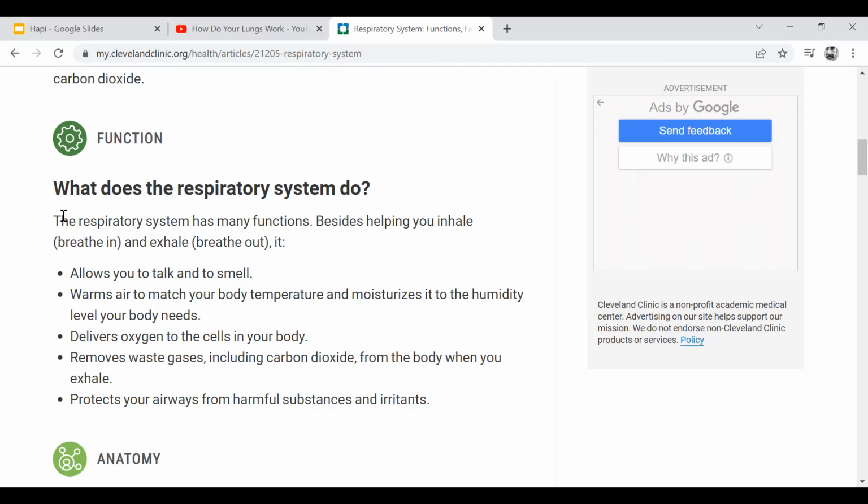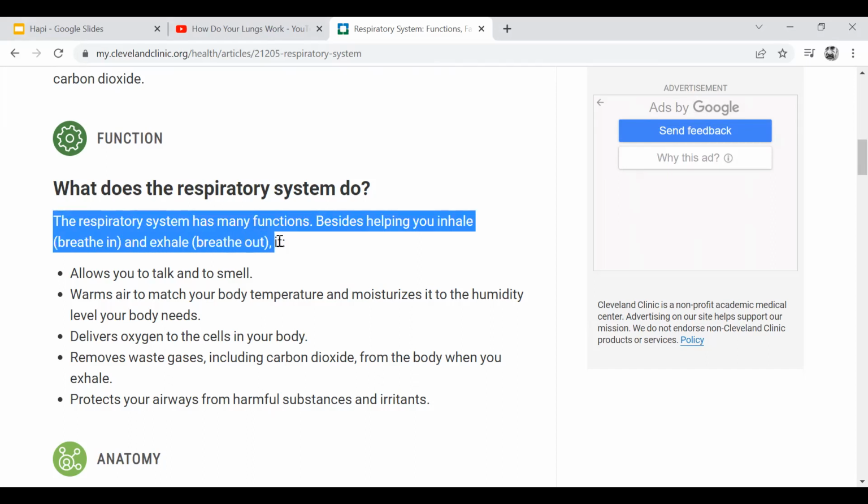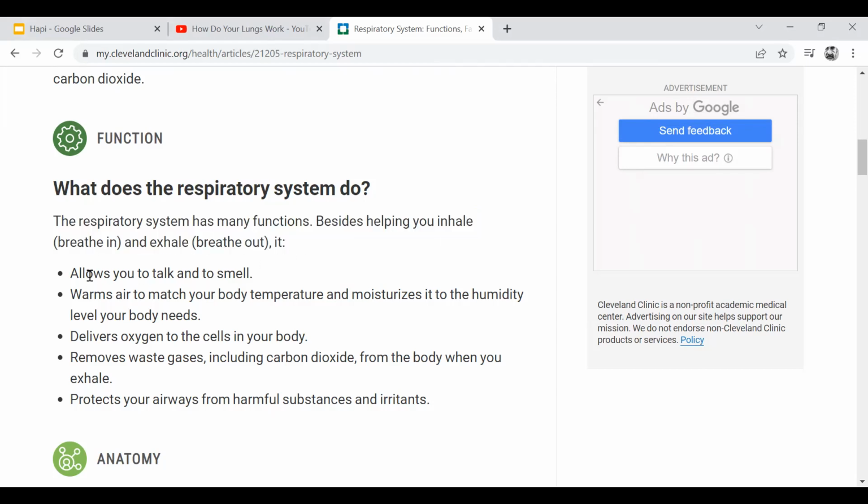Good. So it says here, the respiratory system has many functions. Besides helping you inhale, breathe in, and exhale, breathe out, it also allows you to talk and to smell. Of course, you need breath to talk and you inhale to smell. Listen to this.